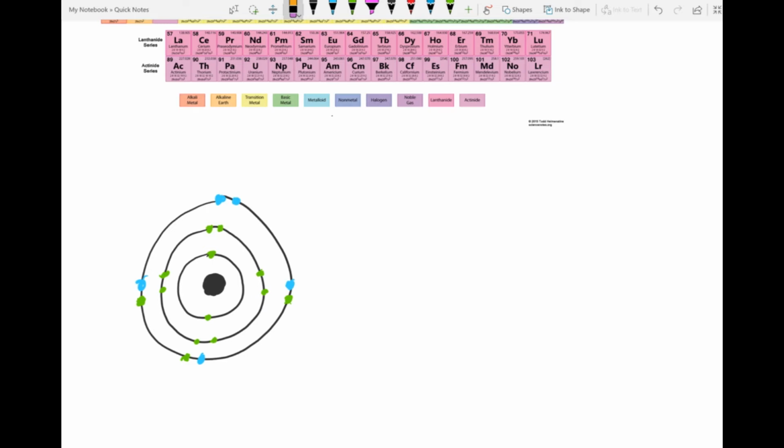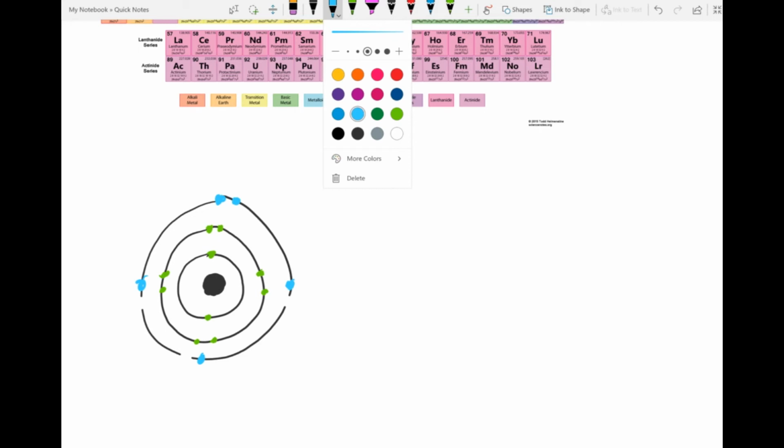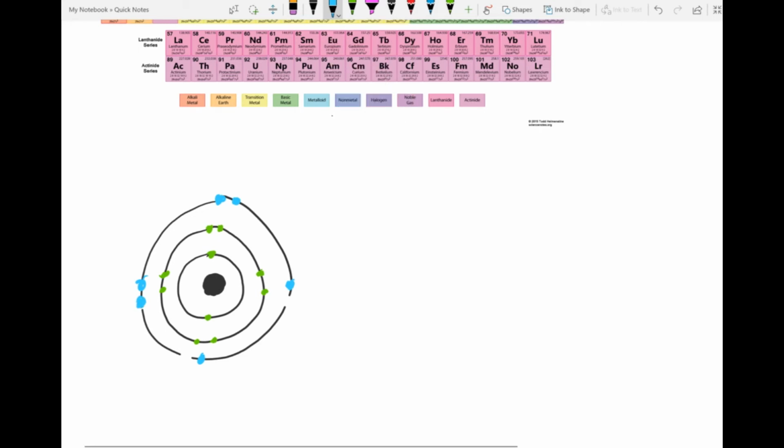So long as you know that the main thing you should be concerned about is that chlorine has 7 valence electrons, and it's really just one away from the octet. So it's going to be far more energetically favorable for this thing to just pick up 1 electron than it would be to lose 7, because it's already that close to 8.